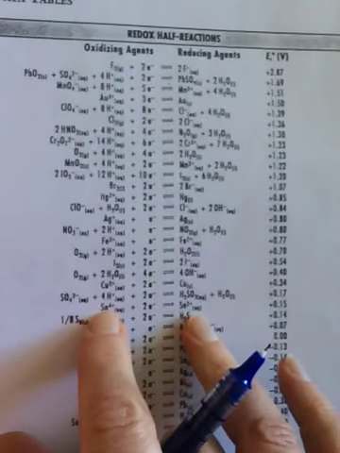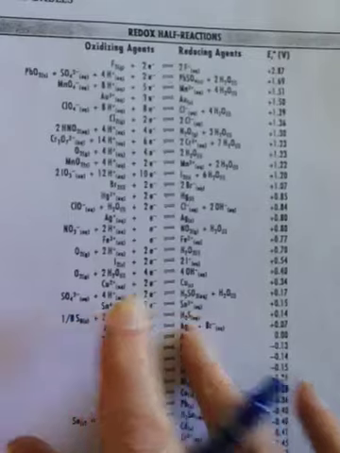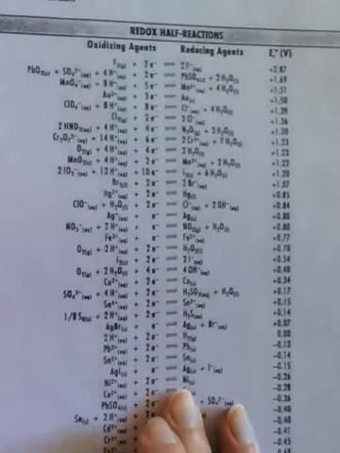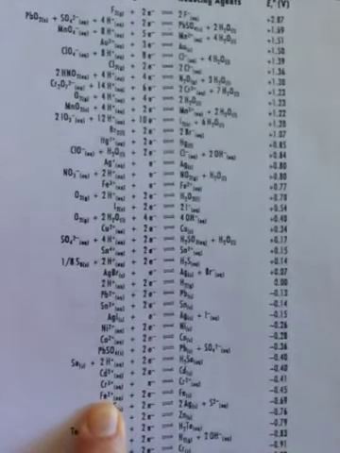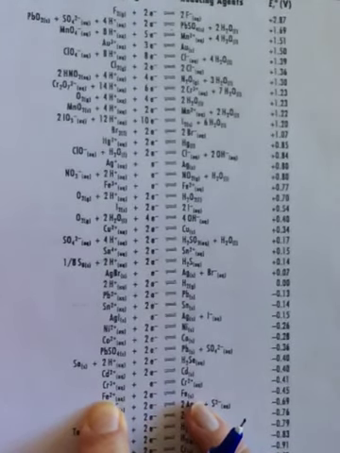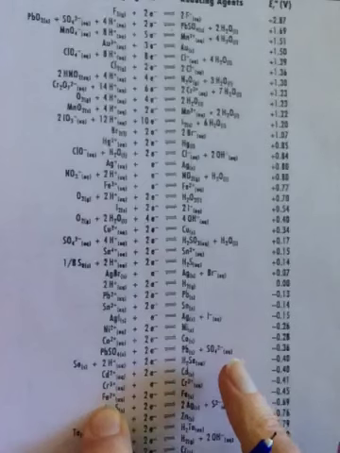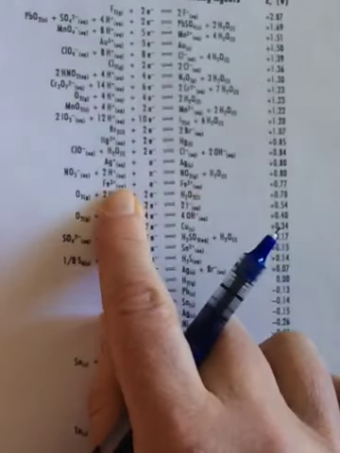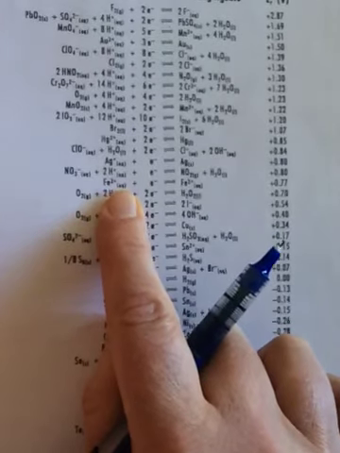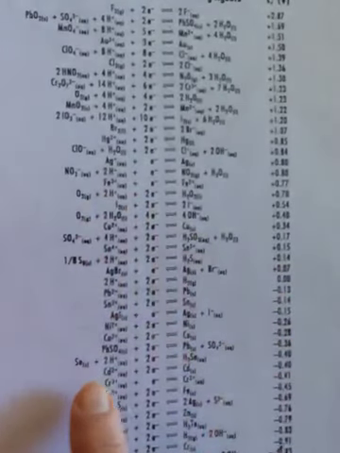As a reducing agent, it goes to Sn4 positive. So that's one of them. Another one is Fe2 positive. So Fe2 positive on the oxidizing side goes to Fe solid, and on the reducing agent side up here it goes to Fe3 positive.